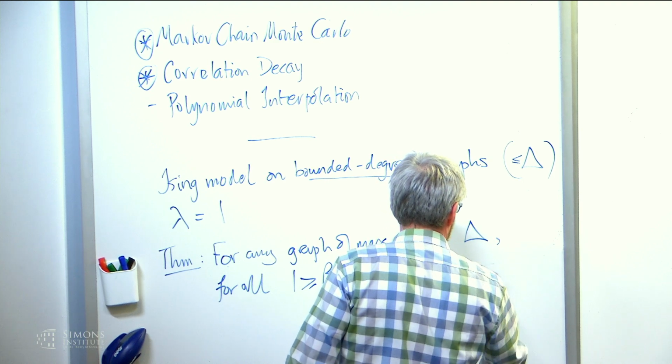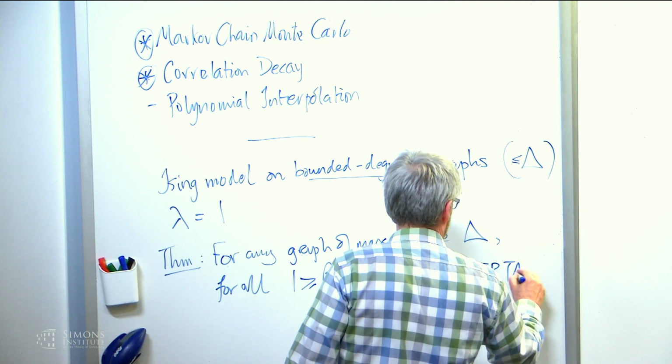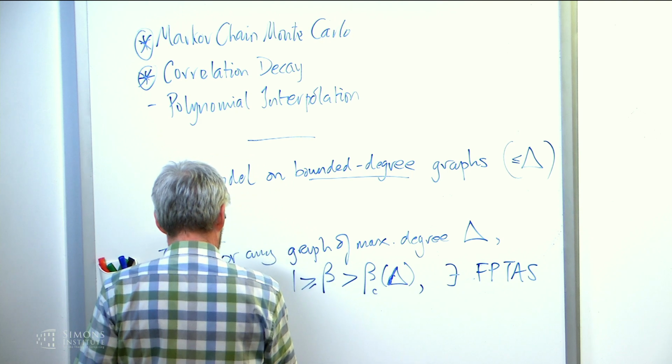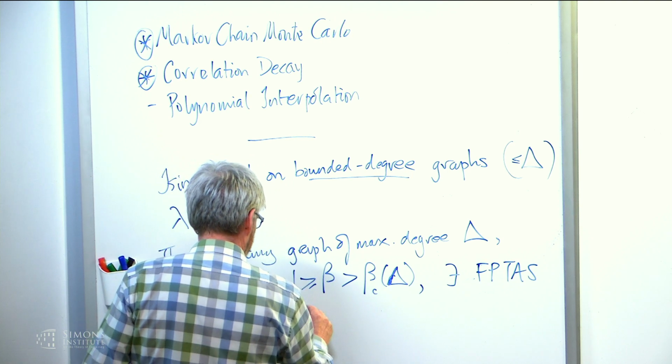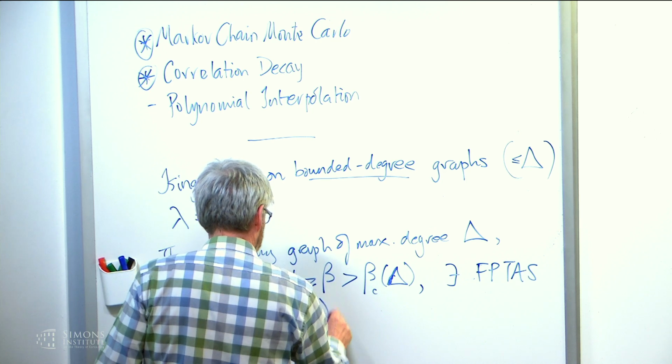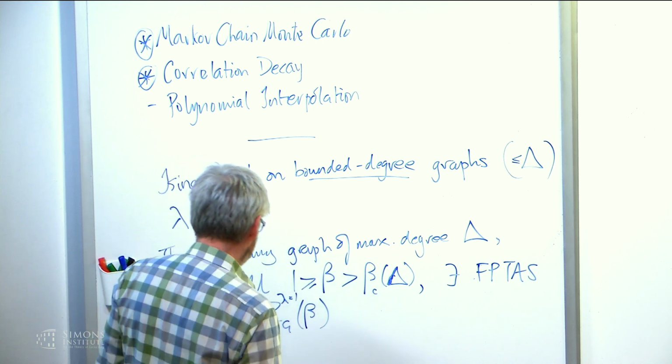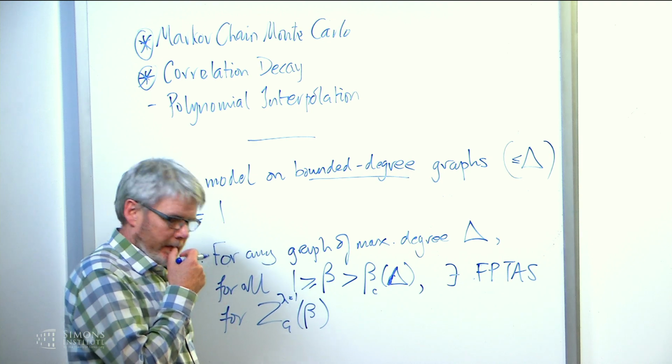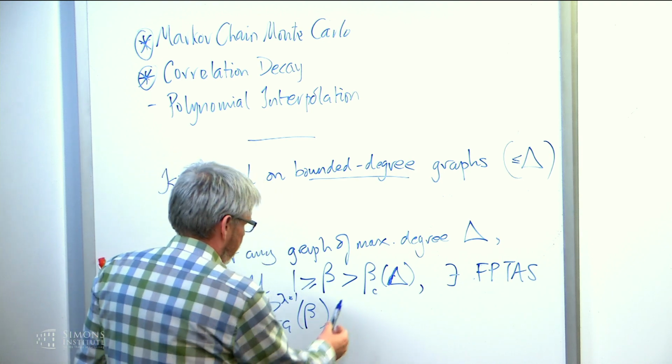I called it an FPTAS, right? So a fully polynomial time approximation scheme for the Ising model partition function. So this is lambda equals 1. Okay. So what's this critical value?